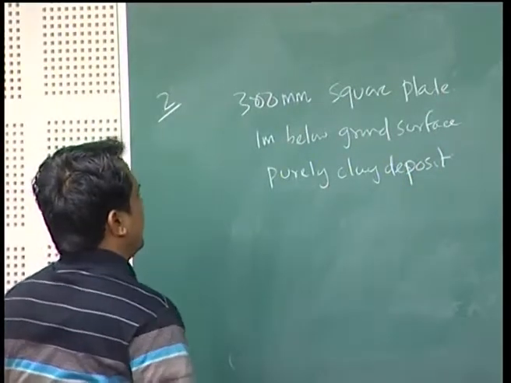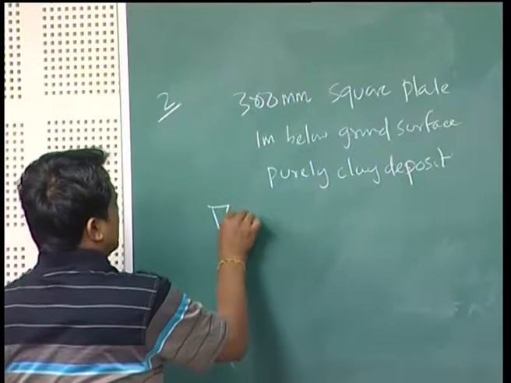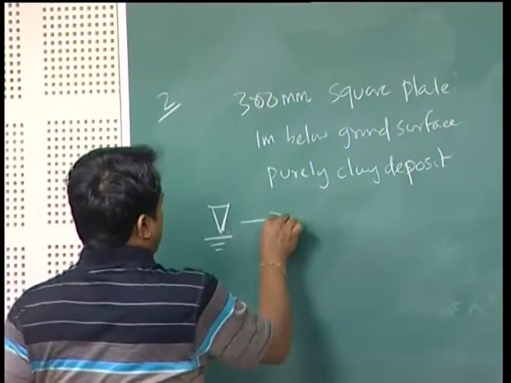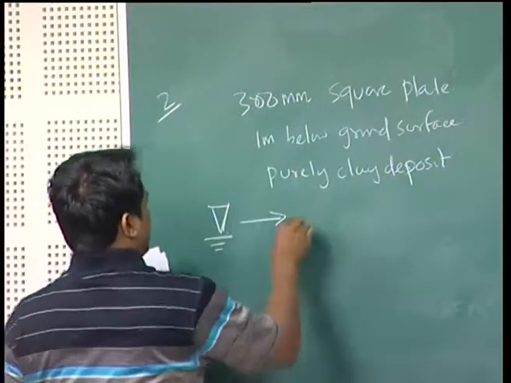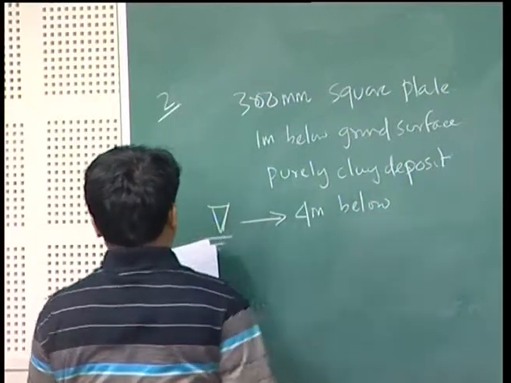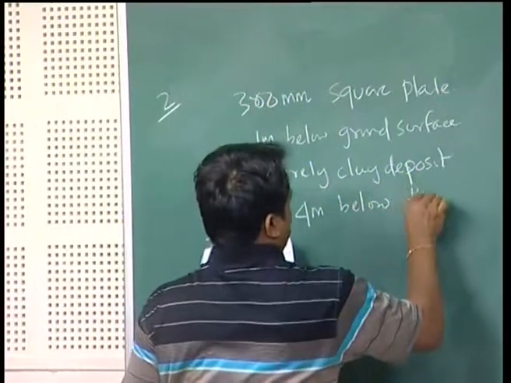The water table, generally we write it in this way, is located at a depth of 4 meter below the ground level.